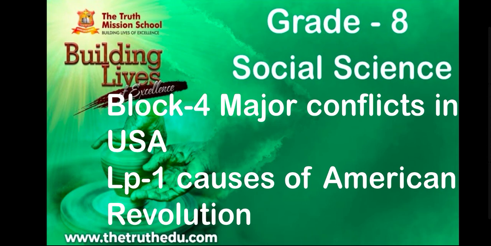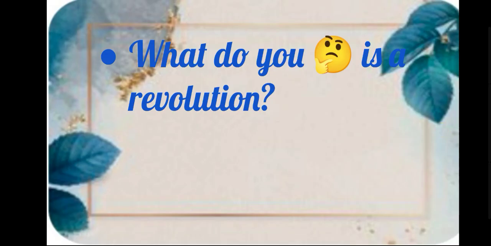In this way, we are going to learn Block 4, Major Conflicts in USA, and Lesson Plan 1, Causes of American Revolution. As usual, I will start the block with a question. Now tell me, what do you think is a revolution? I know you know the answer.